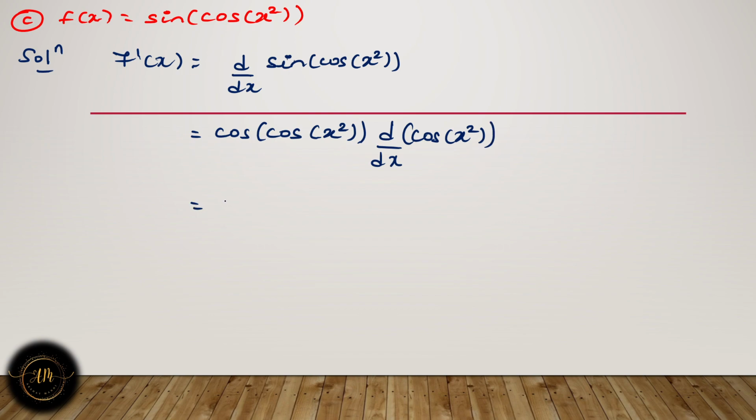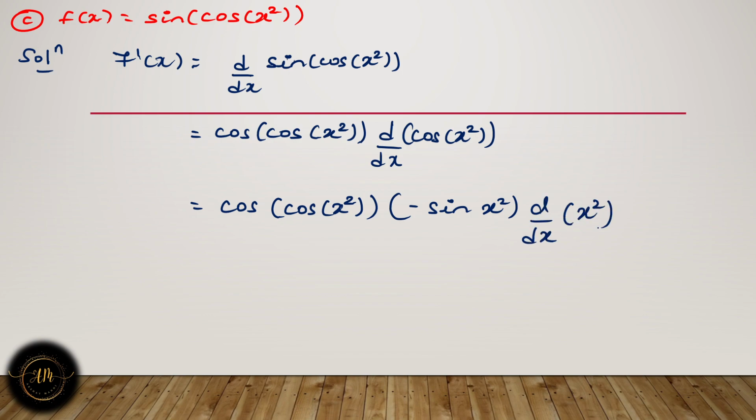Derivative of cos is minus sine. Cos of x square into minus sine x square into d by dx of x square. That is nothing but cos of x square into minus sine x square into 2x.